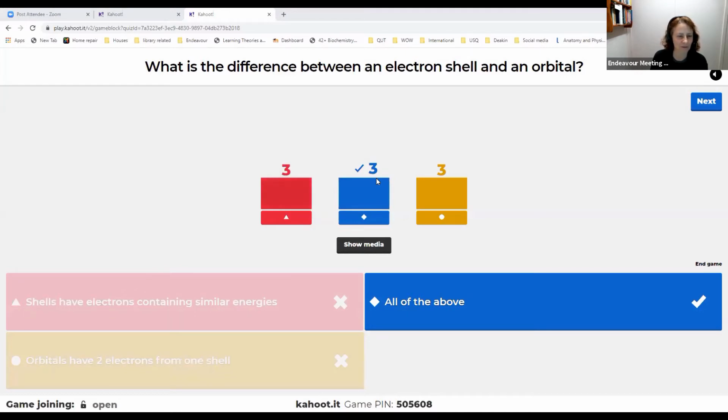So 3 said shells have electrons containing similar energies. That's correct. And 3 said orbitals have 2 electrons from one shell. And that's also correct. So the actual answer is all of the above, because both of those statements are correct. So everyone was correct. It's just that some of you didn't get all of the statements that were correct.